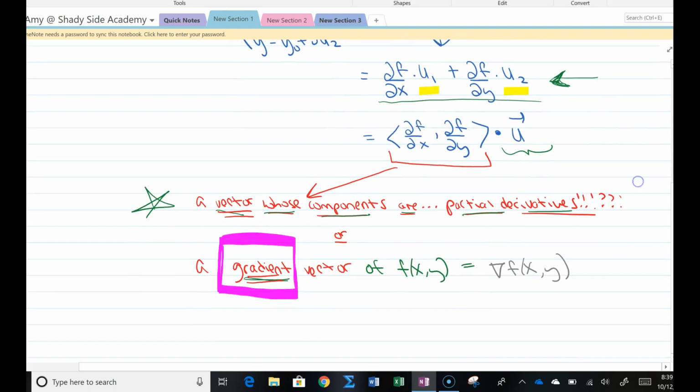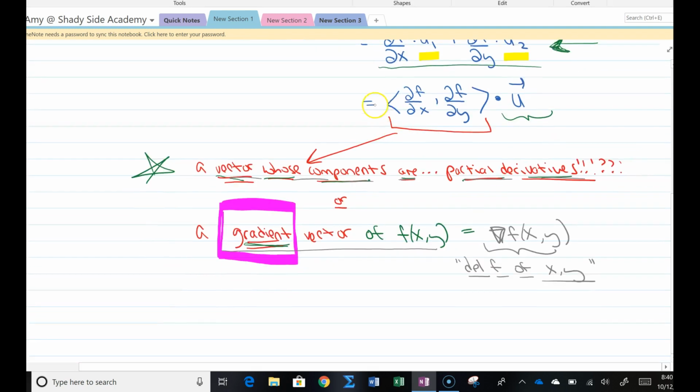The way you say this is del f of x, y. Whenever you say del f of x, y, that means the same thing as the gradient vector of f at x, y, which means the same thing as the vector whose components are the partial derivatives of f of x, y.